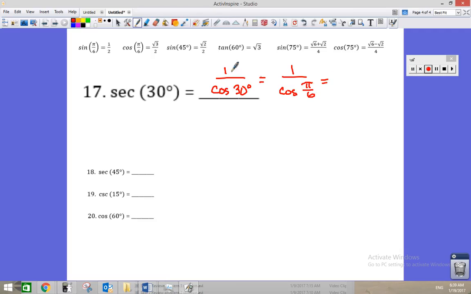So the cosine of pi over 6 is radical 3 over 2. Division is the same as multiplying by the reciprocal, so 1 divided by this is the same as 1 times 2 over radical 3. To rationalize that, multiply by square root 3 over square root 3, and you get 2 radical 3 over 3, and that's our final answer for the secant of 30 degrees.